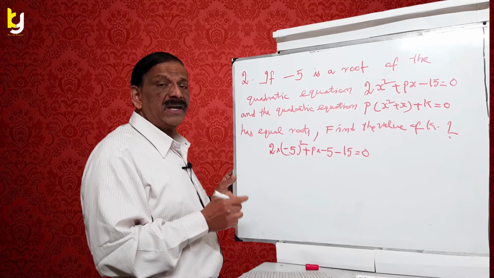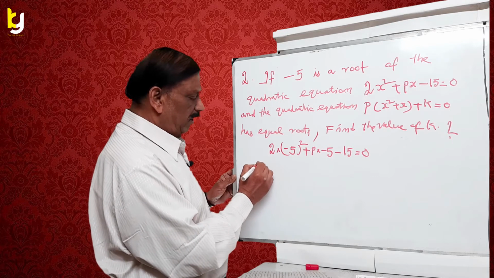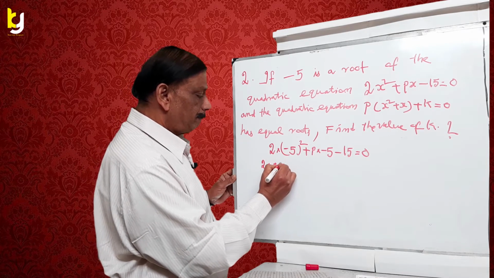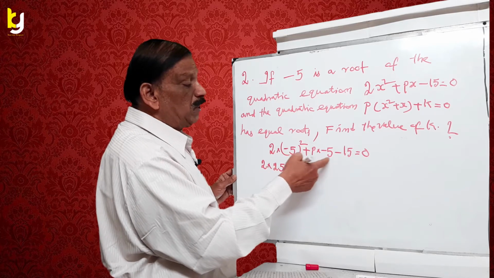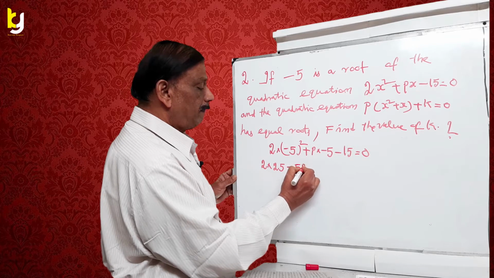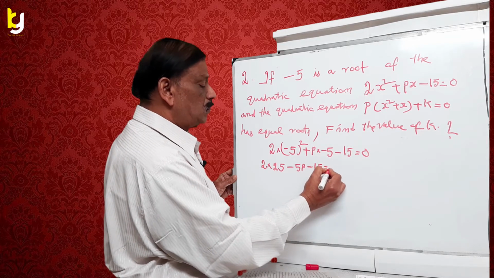(Minus 5) whole square is minus 5 into minus 5, that is plus 25. Therefore, this is equal to 2 into 25 plus p into minus 5, that is minus 5p, minus 15 equal to 0.